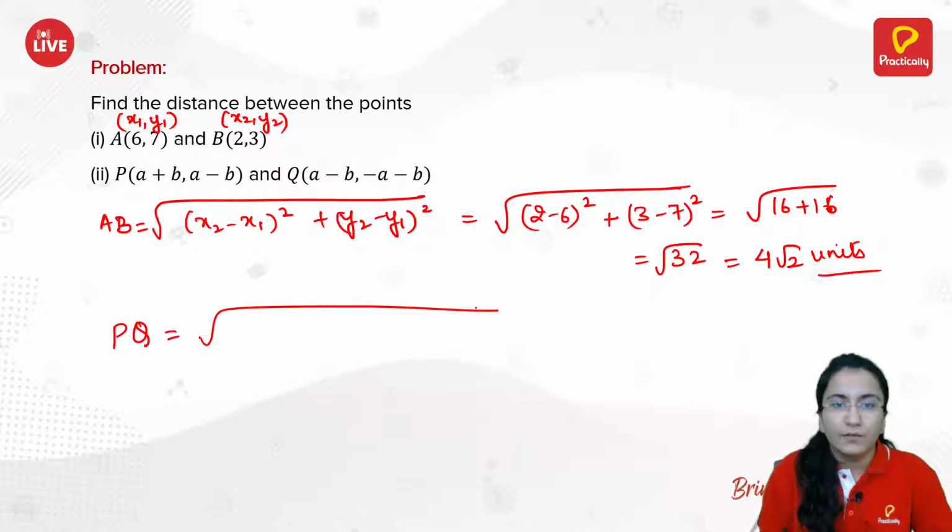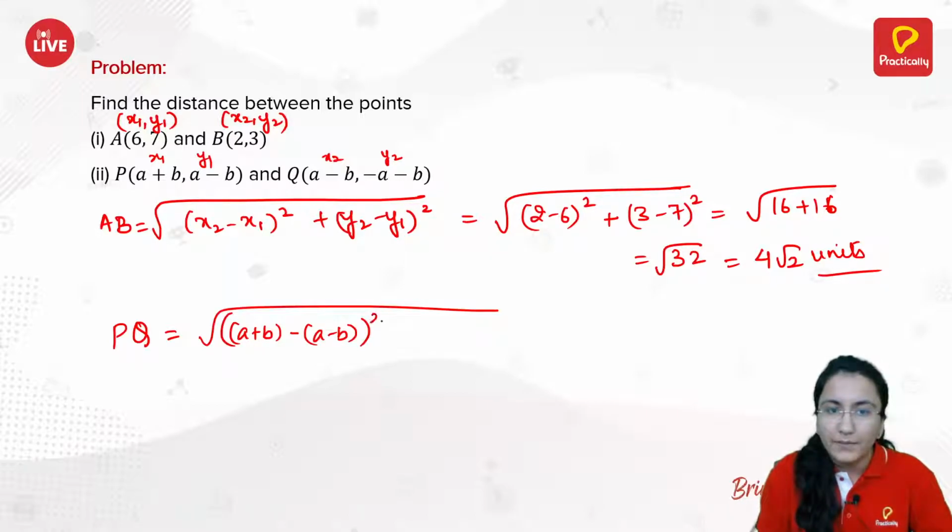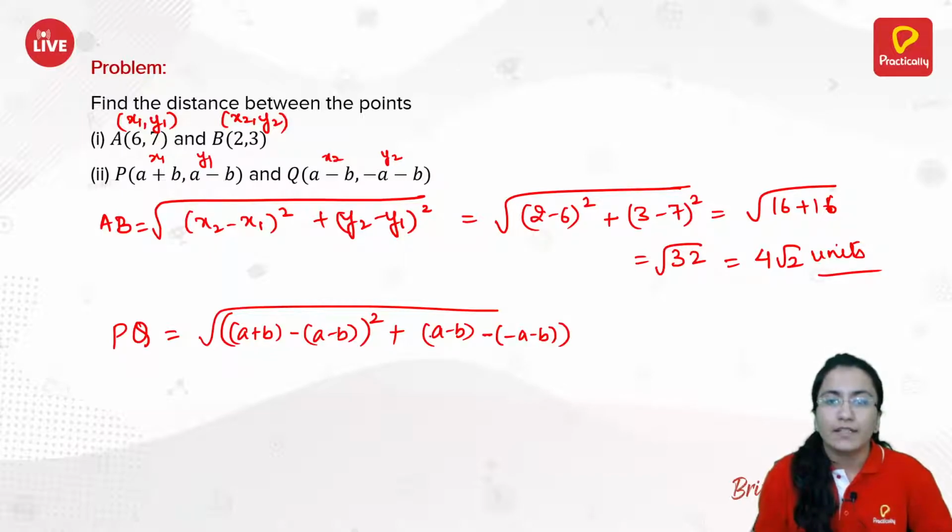Under root of x1 minus x2, that is (a plus b) minus (a minus b), square of it, plus (a minus b) minus (minus a minus b), square of this complete, right?